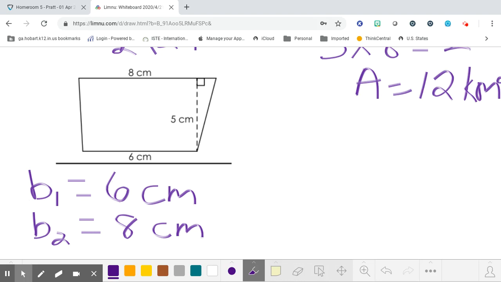It doesn't matter which one you choose as base 1 and which one you choose as base 2, as long as you add them together. So then we get a total base of 14 centimeters, which you're then going to multiply by 5.